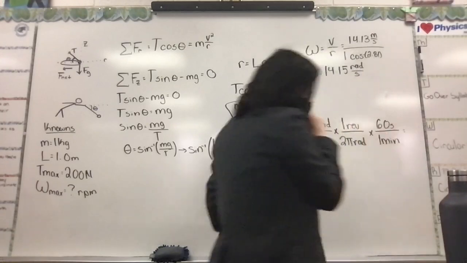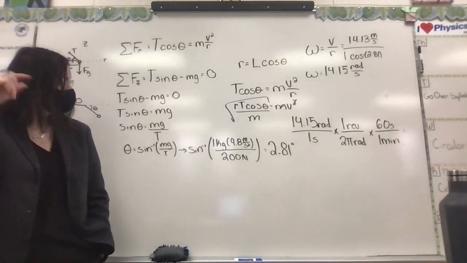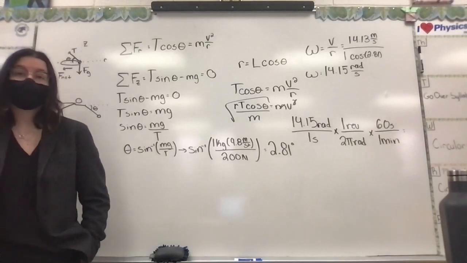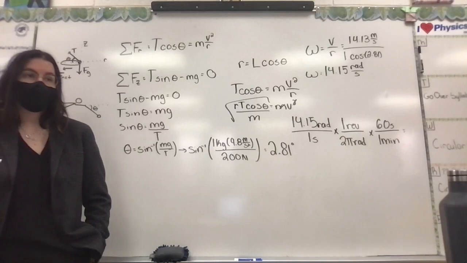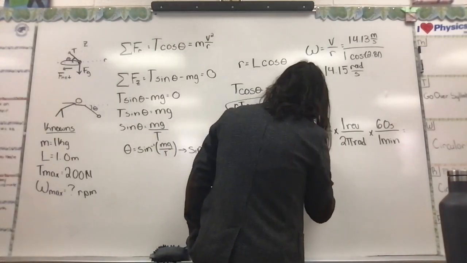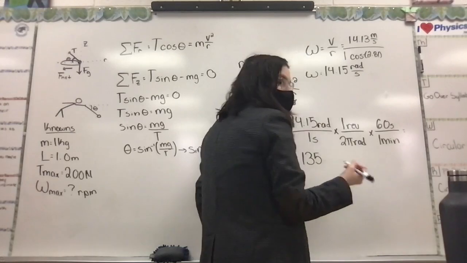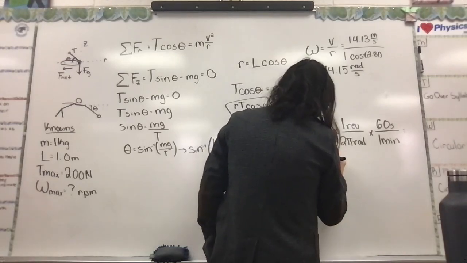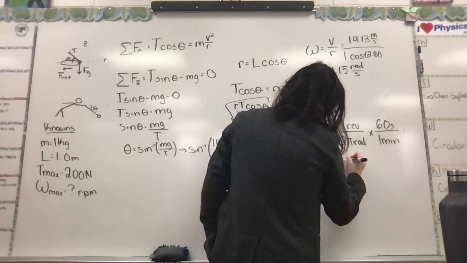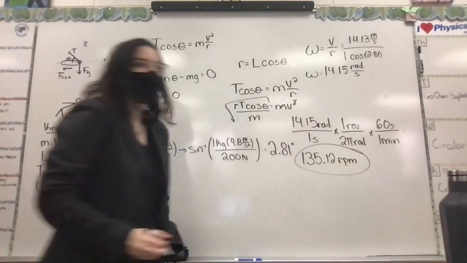So what's our real answer? Okay, that's right. 135. 135 what? What are the units? 135.1 revolutions per minute. Bam, there we go.